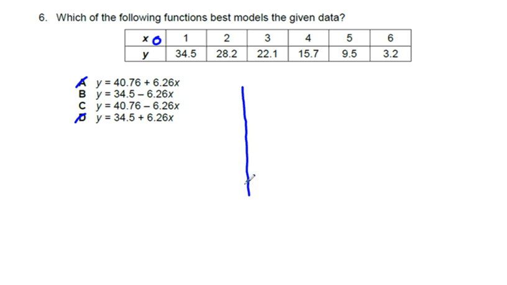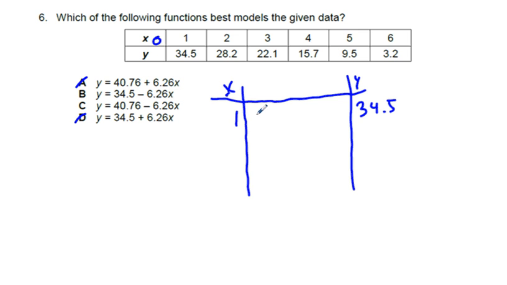And you can look at it this way. If you do a table set up like this, with x and y, and we want to have 1 and 34.5, we have 1 times negative 6.26 plus something equals 34.5.